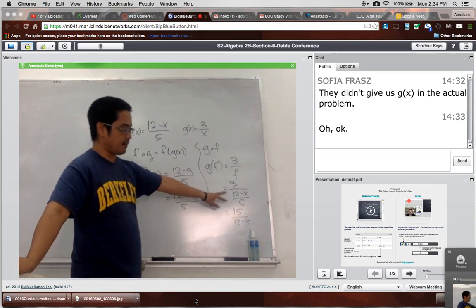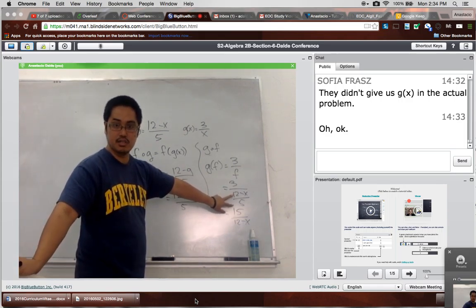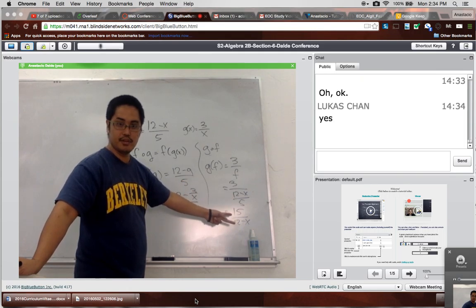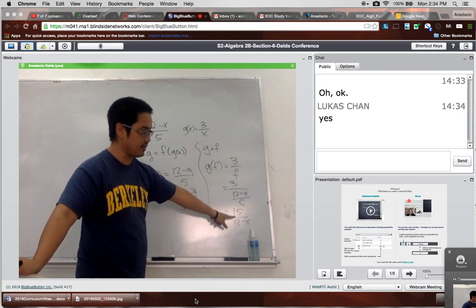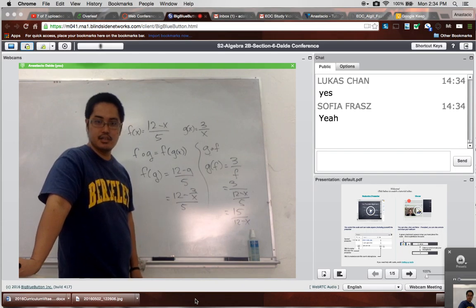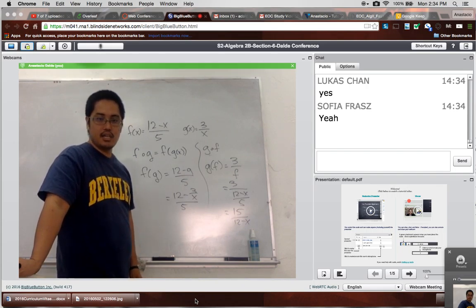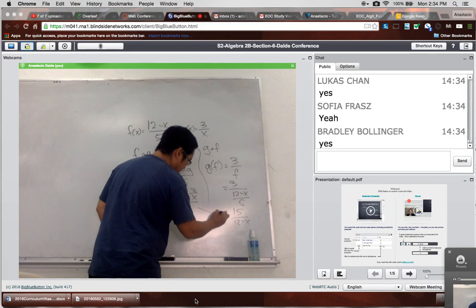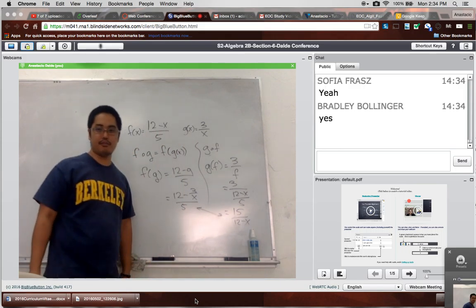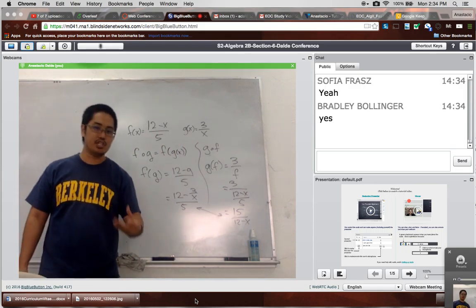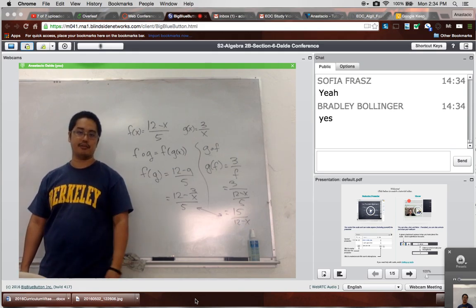You guys see this? I got a fraction over a fraction. I just took this and flipped it over. So that way the 3 got multiplied by the 5, and that's where I got the 15. And then you notice that this thing is drastically different from that thing. So f of g is different from g of f. Are we cool?